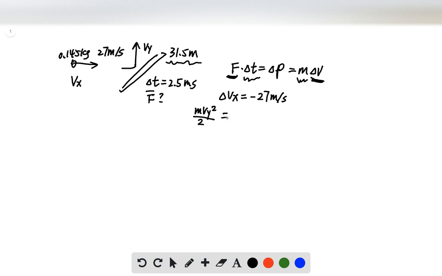And when it's at the very top, it has no kinetic energy, but it has a potential energy of mgh. So from that, we can cancel m, and we get Vy equals square root of 2gh.